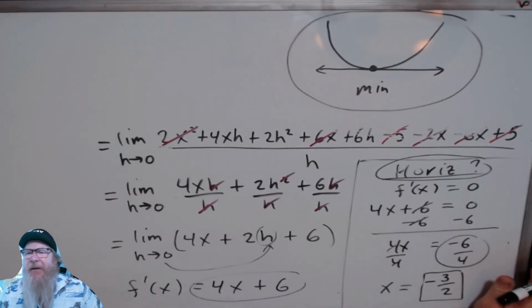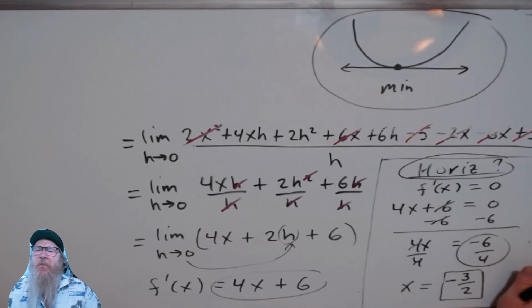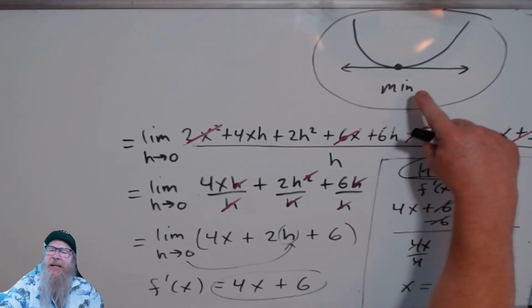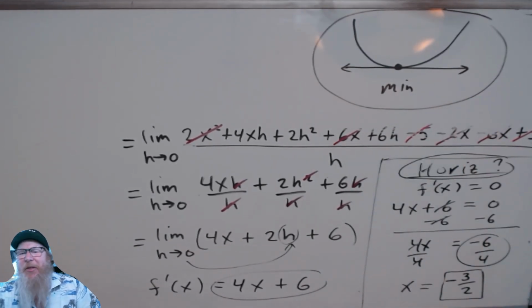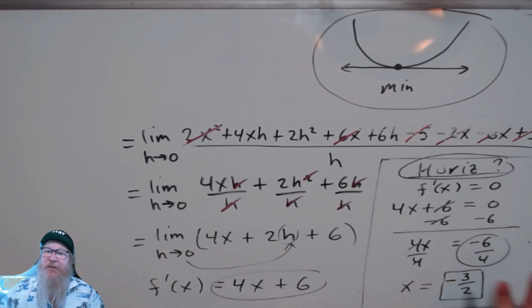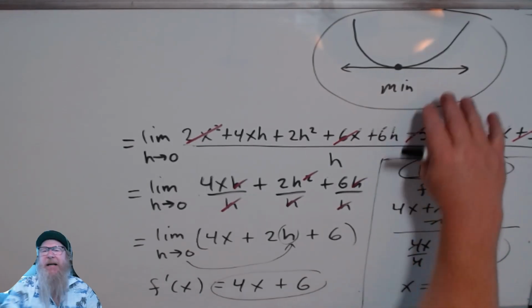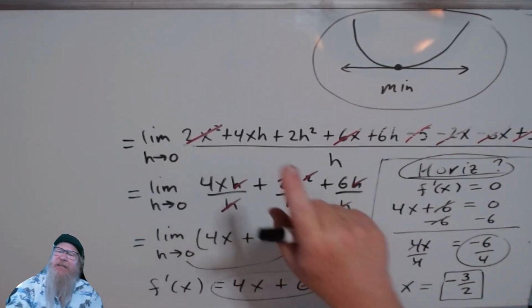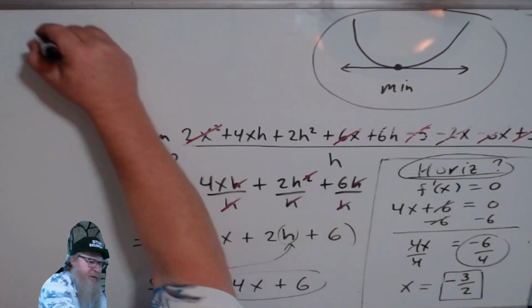Being a business calculus class, as you can imagine, we're interested in minimizing some things, particularly cost, right? Labor, energy. We want to minimize those things, but we want to maximize revenue and profit.